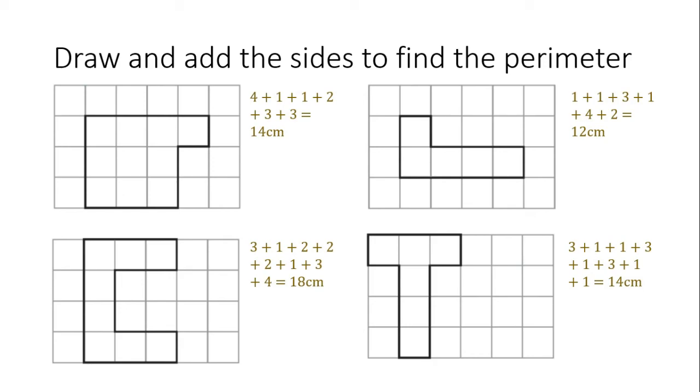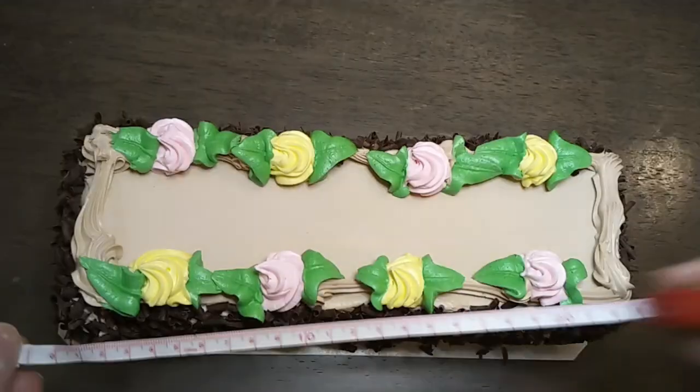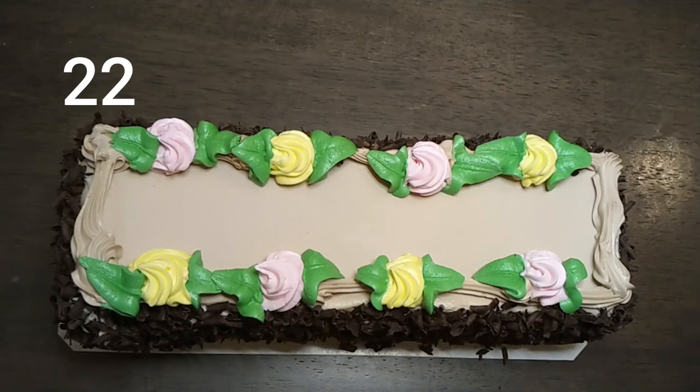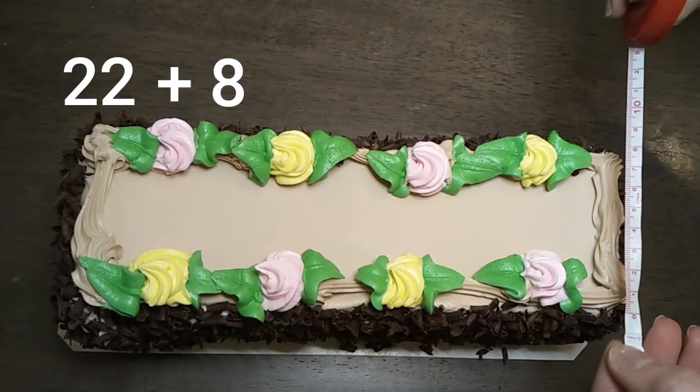Well done. Now I know how to measure the perimeter of my cake. I need to measure around all of the outer sides of the cake. So let's get my tape measure and find out what those sides are. Now this side is 22 centimeters long. This smaller side over here is 8 centimeters.